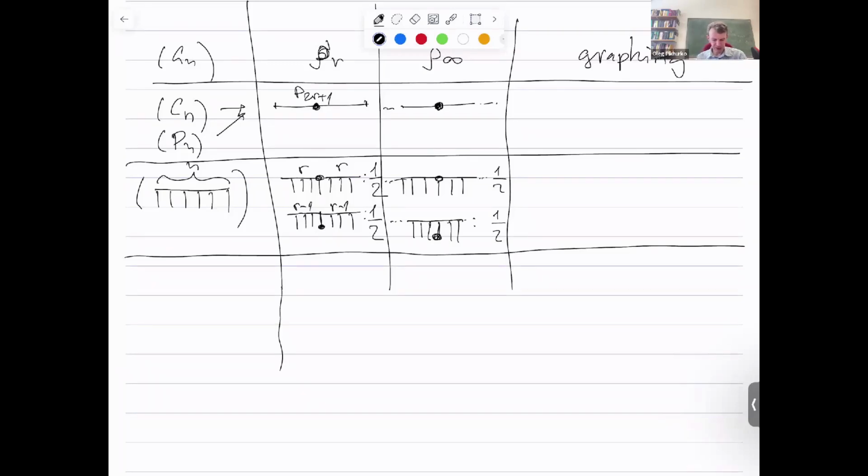So let's look at another example. Suppose my graph G_n is d-regular, which means every vertex has degree d, but now it has no short cycles. So it means the girth goes to infinity, where the girth is the length of the shortest cycle.